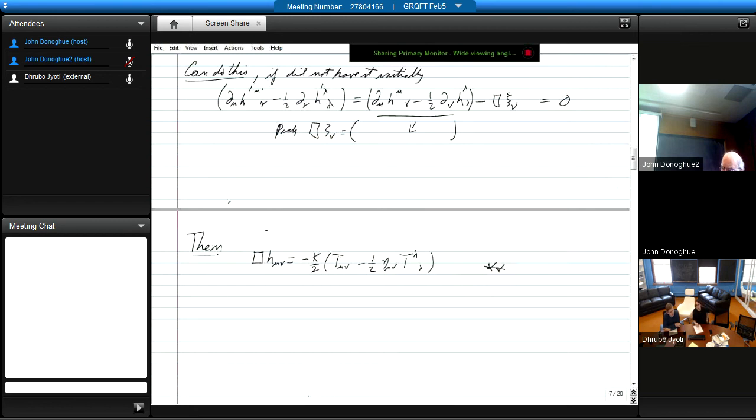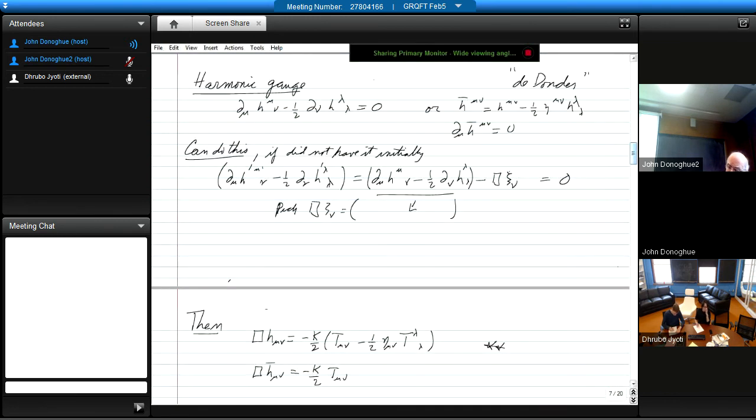And the other version is box h bar mu nu, where h bar was defined up here as h mu nu minus 1/2 eta mu nu h lambda lambda, equal to minus kappa over 2 T mu nu.